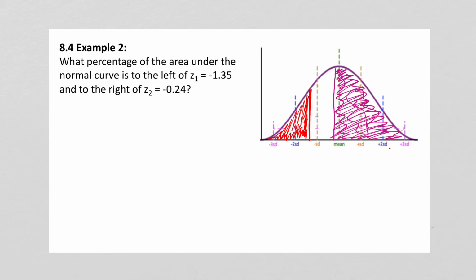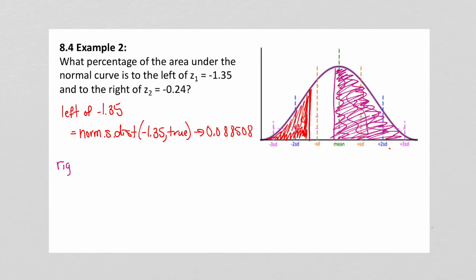First we need the area to the left of negative 1.35. To the left is just equals NORM.S.DIST negative 1.35, comma, true. And that gives us 0.088508.